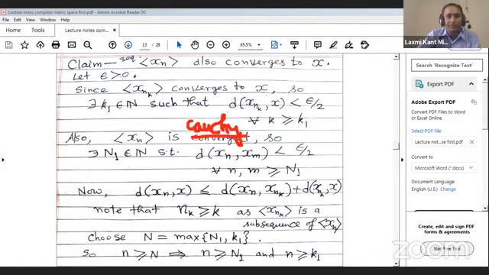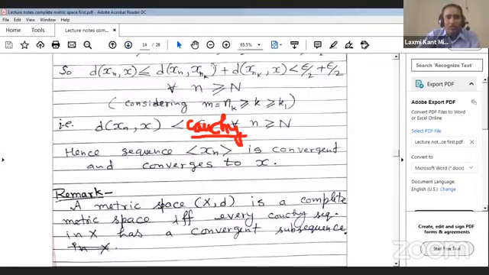Now, this distance between xn and x is strictly less than epsilon by 2 plus epsilon by 2 for every n greater than or equal to capital N, in which we have considered m equal to nk, which is greater than or equal to k, and which is greater than or equal to k1.